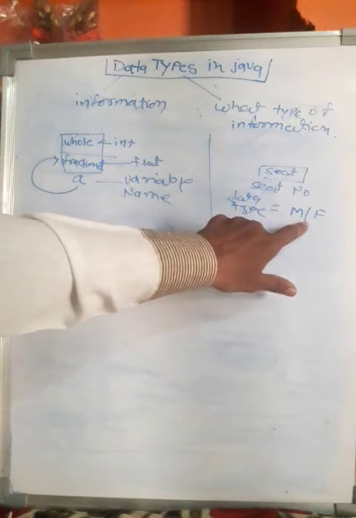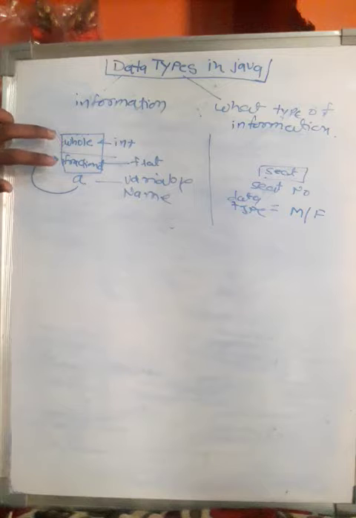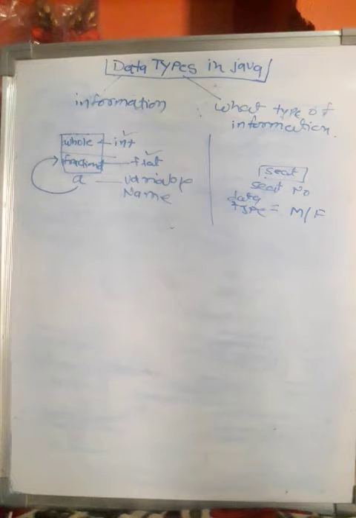Similarly, we must specify which type of data is stored in this memory space, such as integer or float or something else, which we will discuss later.